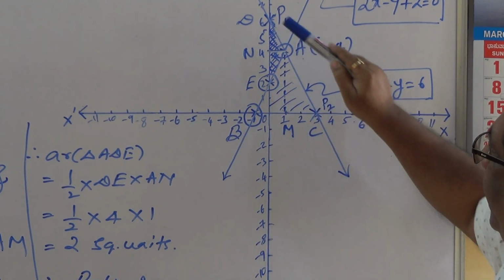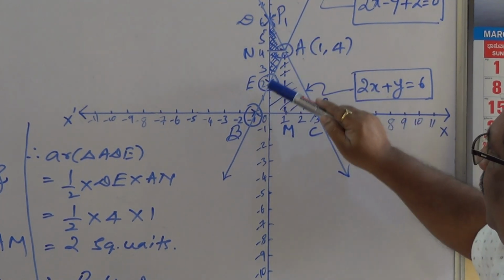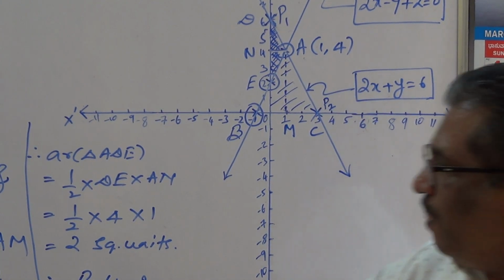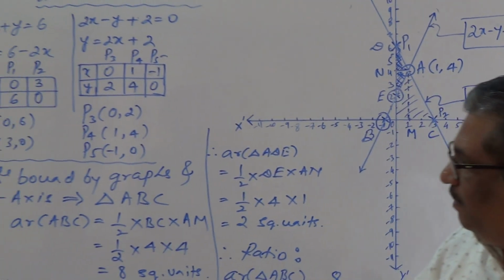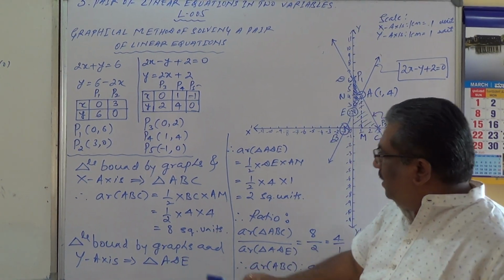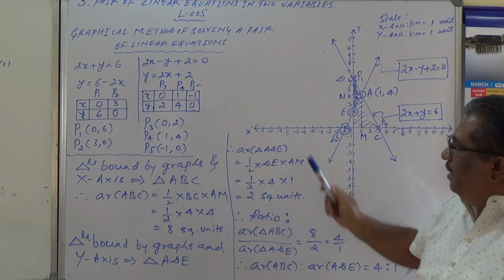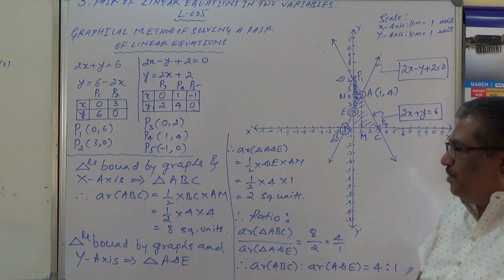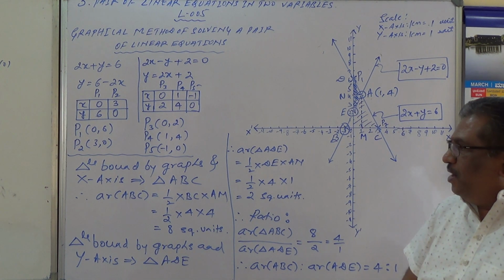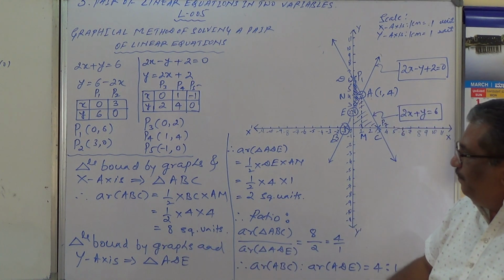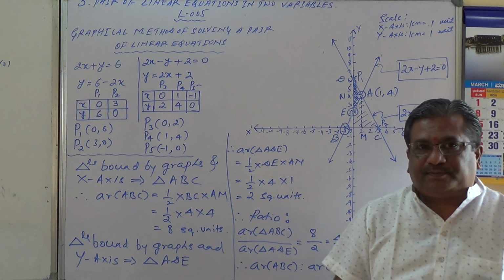Area of the triangle ADE equals half into DE into AN. DE is 4, AN is 1. So the area of the triangle bound by the graphs and y-axis, triangle ADE, is half into DE into AN, which gives 2 square units. So we got the area of triangle ABC as 8 square units and the area of triangle ADE as 2 square units.